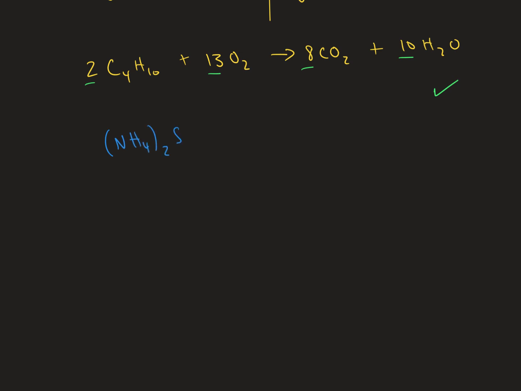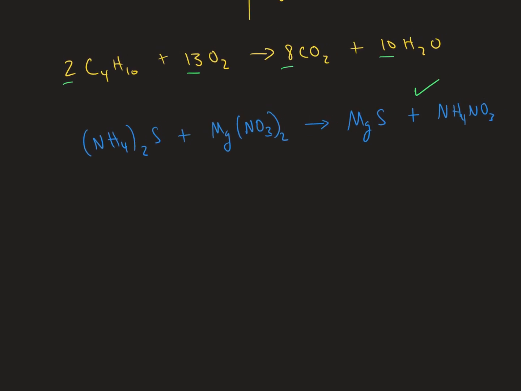Ammonium sulfide. What's this called? Magnesium nitrate. Good, magnesium nitrate. Gives us magnesium sulfide and ammonium nitrate. Now, here we see we have ammonium on both sides, and we see we have nitrate on both sides.